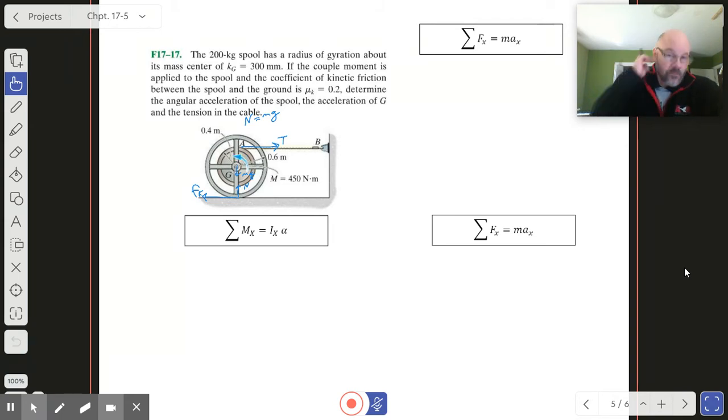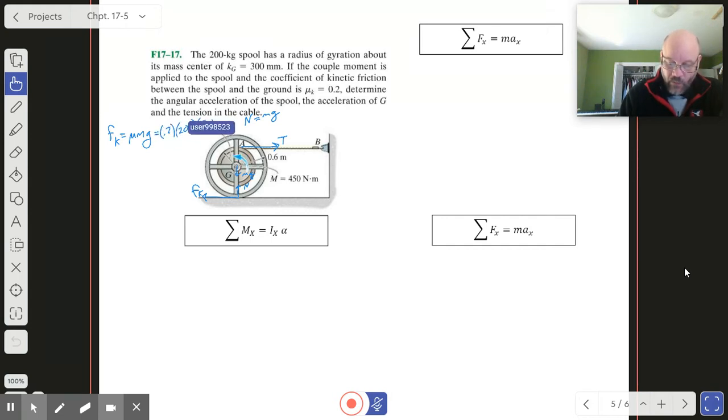All right. Okay, and let's just go ahead and calculate that. Okay, so our friction is mu mg, and the value for mu is 0.2, m is 200. Man, it's a big spool.